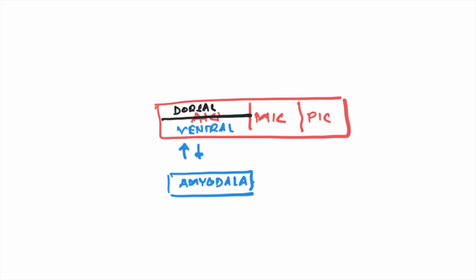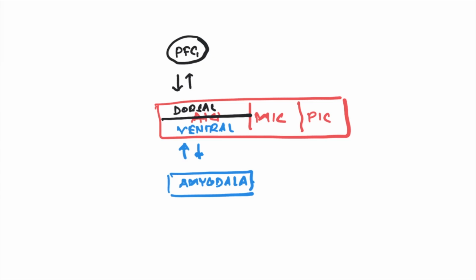Whereas the dorsal anterior insular cortex is connected to your prefrontal cortex, right? So this will be both the dorsolateral as well as the medial prefrontal cortex, all right?